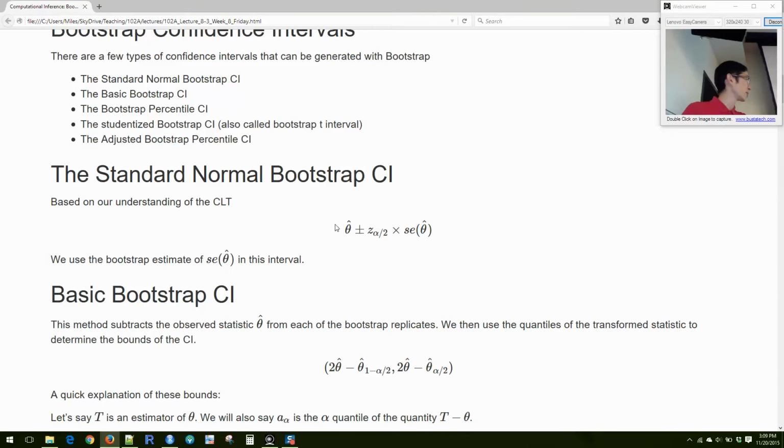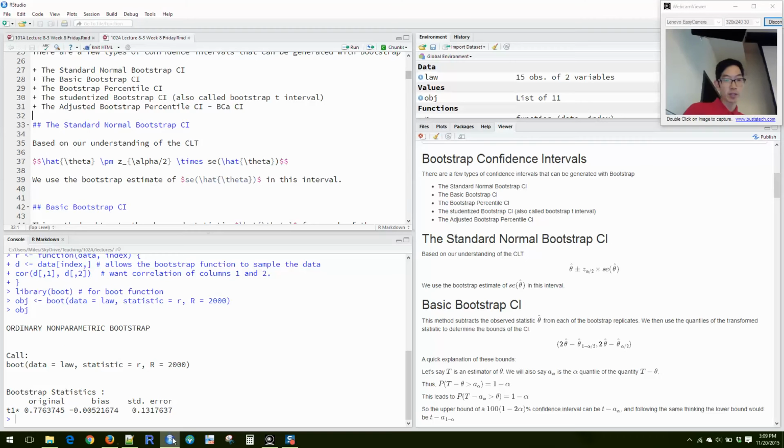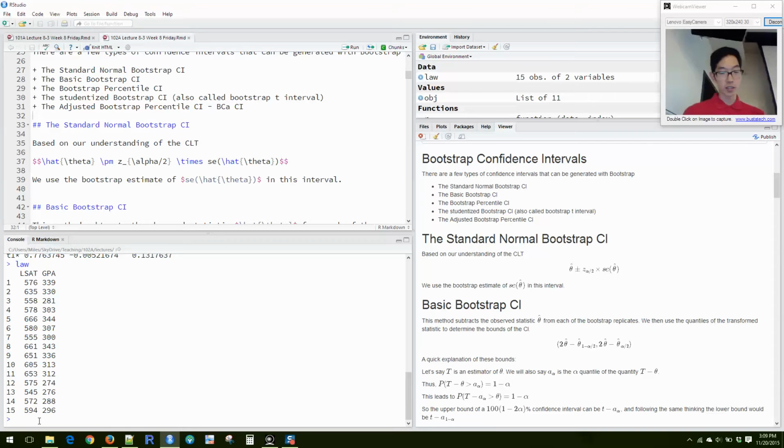In our case, we would be using the statistic from our sample. It would just be as if we took our data law and we did law column 1 and law column 2. Whoops, I got to stick that in the correlation. And then this goes in our center here. Okay. And so that's the standard normal bootstrap confidence interval.